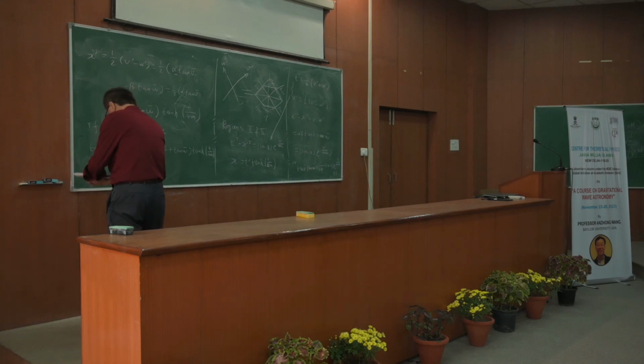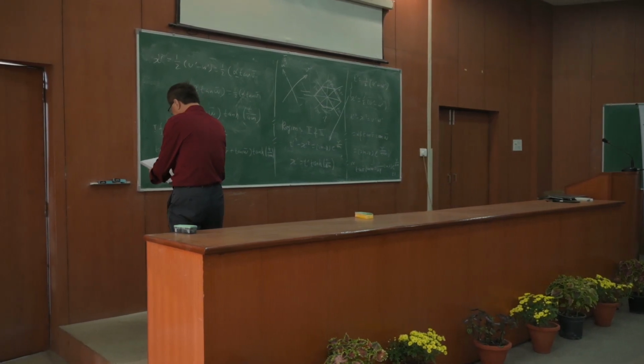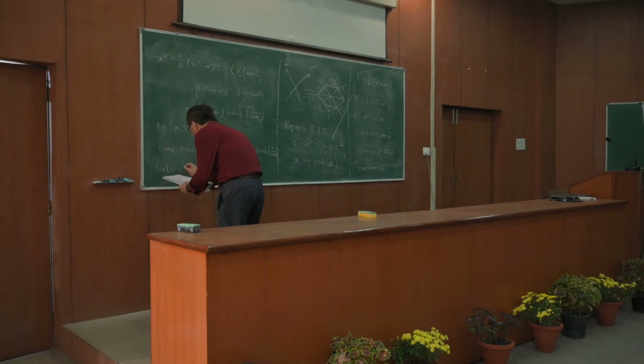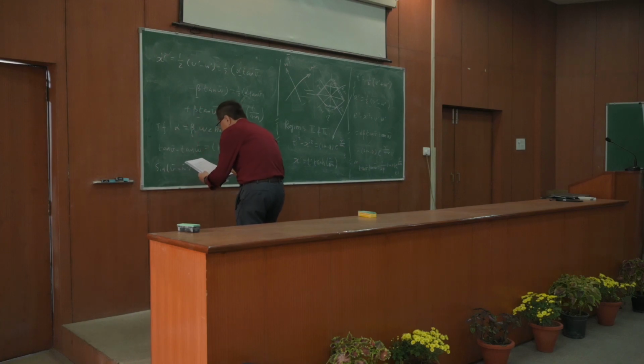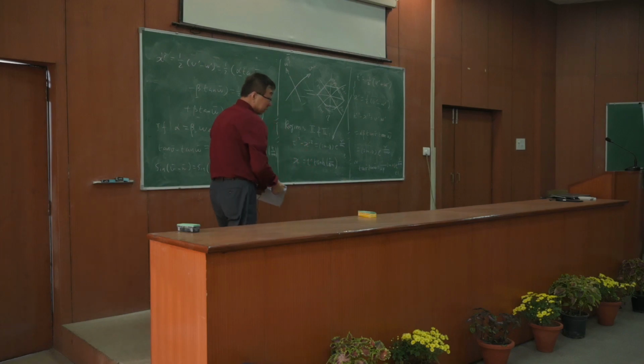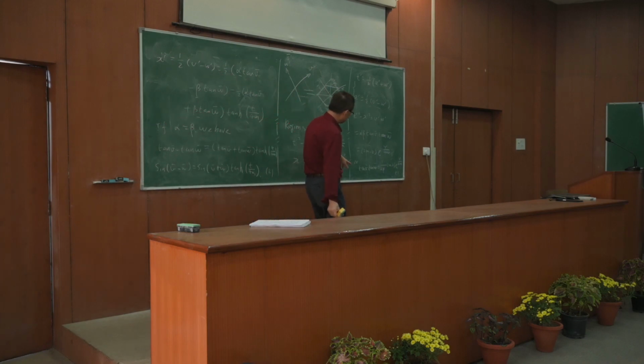Finally, you will find this gives sine of (v bar minus w bar) equals sine of (v bar plus w bar) times the hyperbolic tangent of t over 4m. This is actually my second equation.